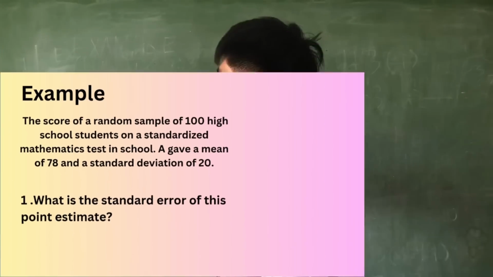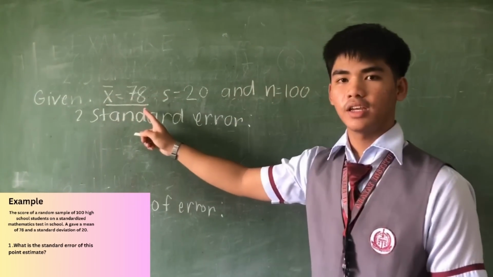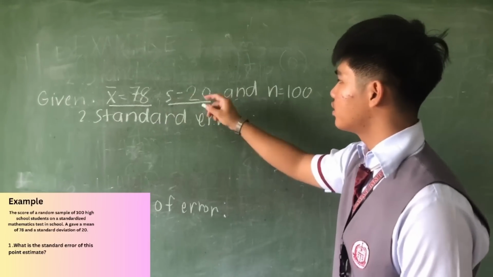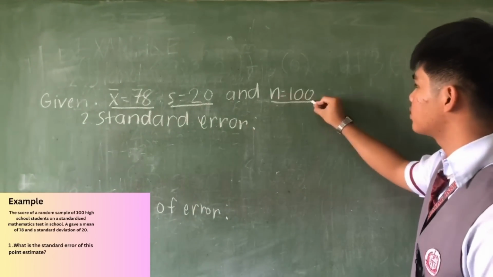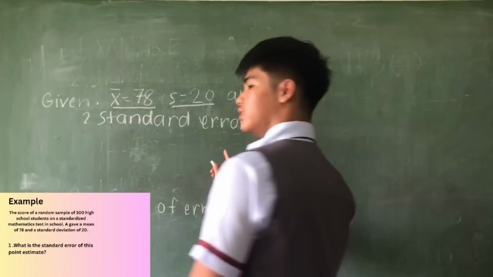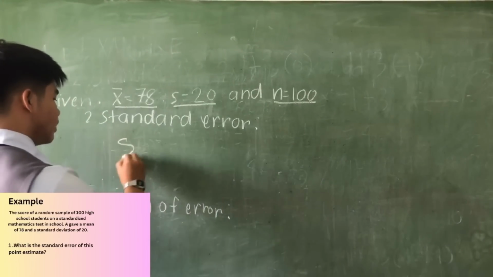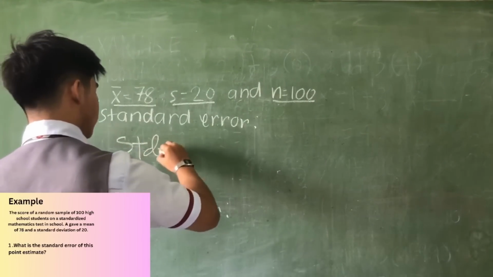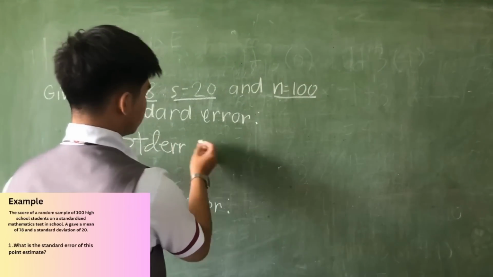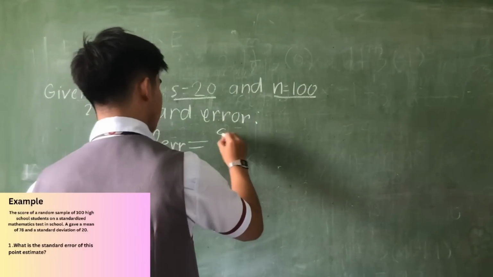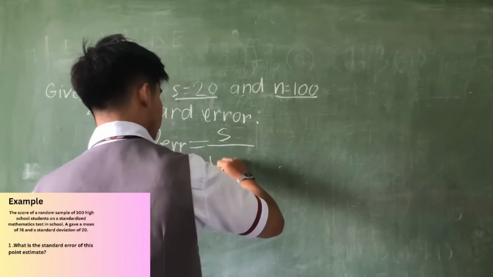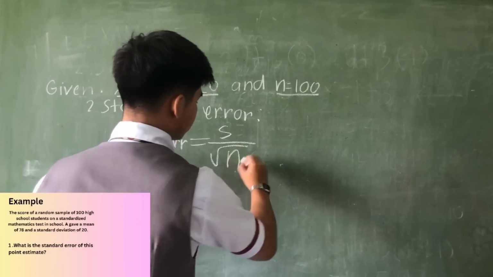Our given is sample mean equals 78, standard deviation is 20, and our sample size is 100. Our formula in this problem is standard error equals standard deviation over square root of n.